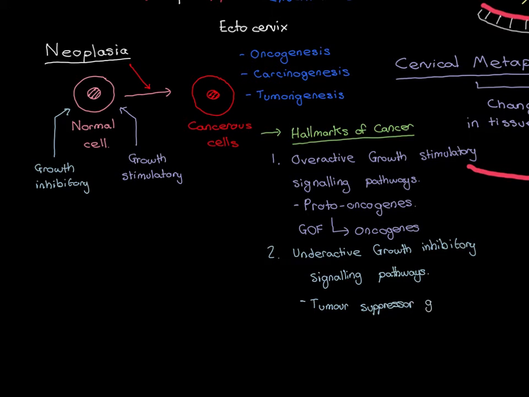Therefore, in order for a cell to gain cancerous-like hallmarks, it needs to have loss-of-function mutations in the tumour suppressor genes.